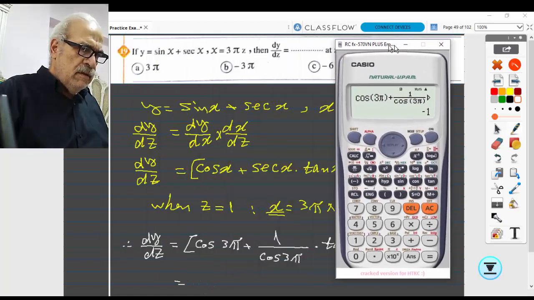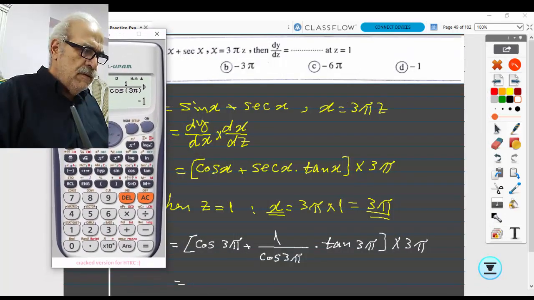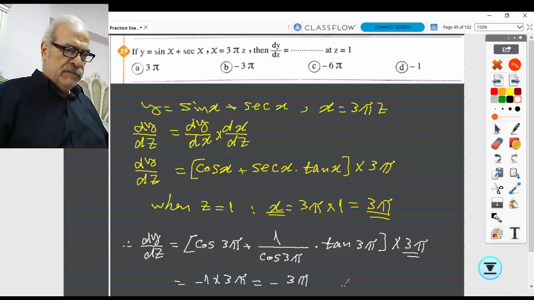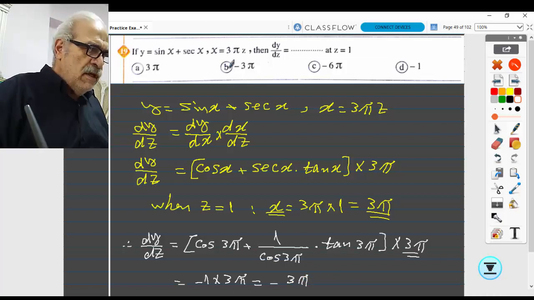So we write here cosine 3 pi plus 1 over cosine 3 pi multiply tan 3 pi, so it is equal negative 1 multiply 3 pi, so here is 3 pi, okay? The result equals negative 3 pi, and you choose letter B.